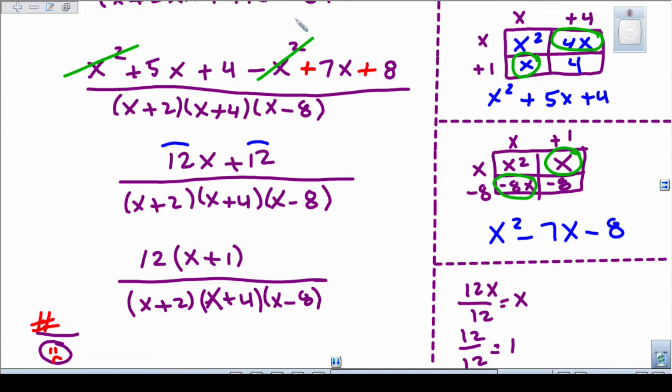I'm trying to avoid having a number divided by 0. What values of x would make my denominator 0? I have to exclude them from my domain. What kind of x's would give me 0s here?